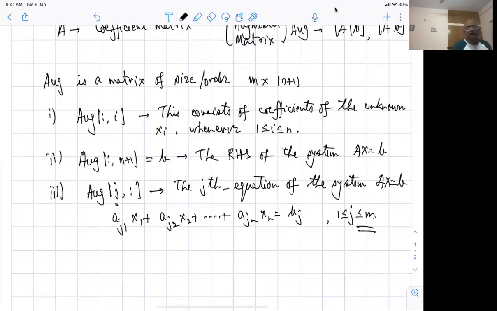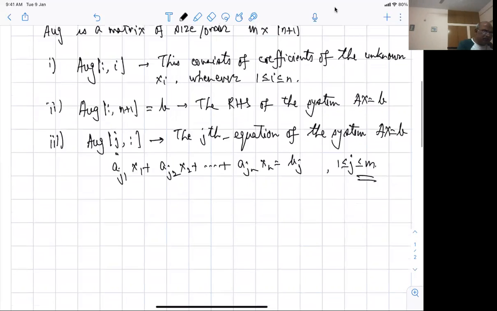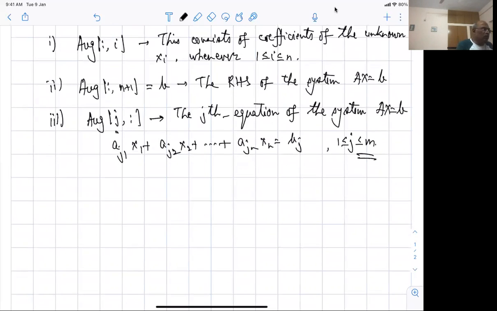This is what the augmented matrix is. Fine, so you understand these notations. These are important notations that I would like you to recall and understand.